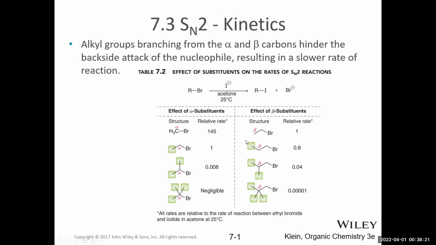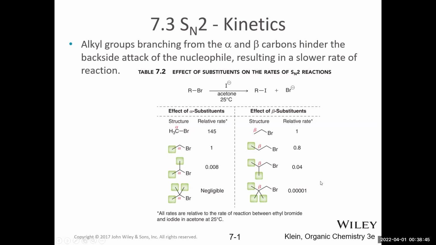They also looked at the effect of substituents on the beta carbon. The beta carbon is the carbon attached to the alpha carbon. And we can see that in this case, it just has 3 hydrogens versus an additional substituent with a methyl and 2 hydrogens, 2 methyls or 3 methyls. We're looking at increased steric hindrance at the beta carbon.